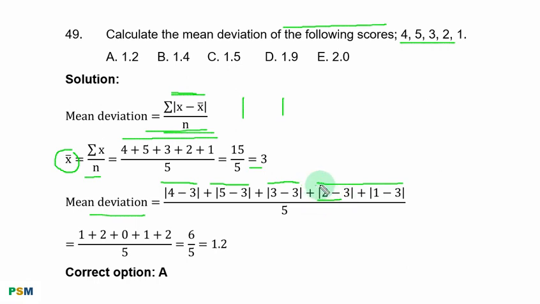But this symbol changes it to positive 1. 1 minus 3 is minus 2, which becomes plus 2 over 5. When you add, you have 6 over 5, which becomes 1.2. The correct option is A.